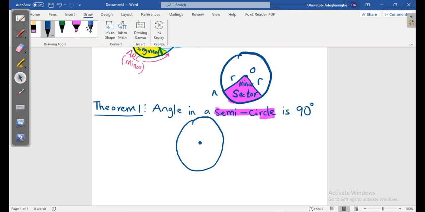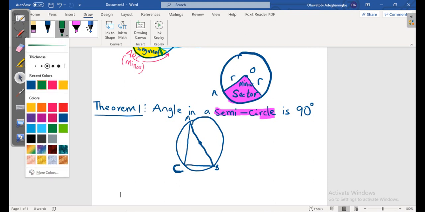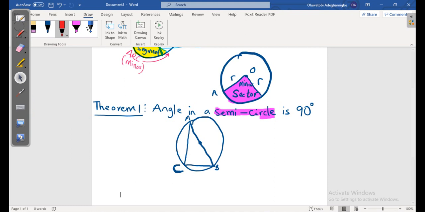So that tells us that if I have here the diameter labeled as A and B, and I join the 2 points A and B to give me a point C, the angle formed by the diameter is always 90 degrees. Take notes. That is what the theorem is saying, that the angle formed by the diameter is 90 degrees. Please take note of that.